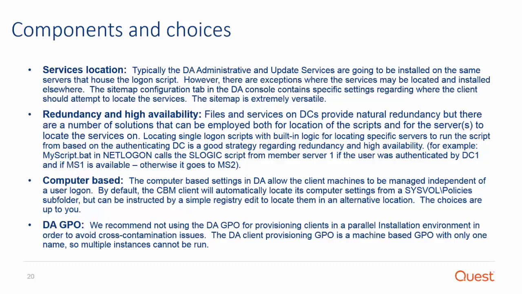So you can't run multiple instances of the same GPO with the same name. You could limit it and use it on one or the other of the install points, but it's recommended not to use it because it's easy to make mistakes and end up with those files or components getting cross-contaminated. So we just recommend not using it at all in that environment.